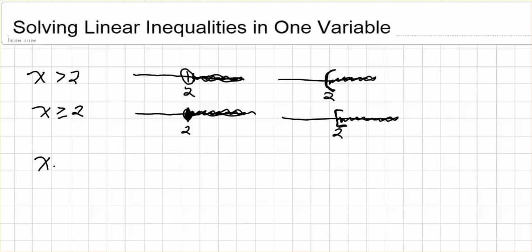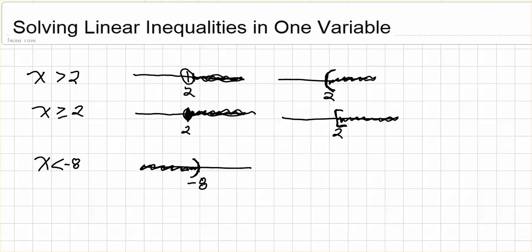So let's do another one. Let's say x is less than negative 8. So we can do our number line, identify negative 8. We know that values have to be to the left of negative 8, so we'll either use an open circle or a parenthesis pointing to the left.